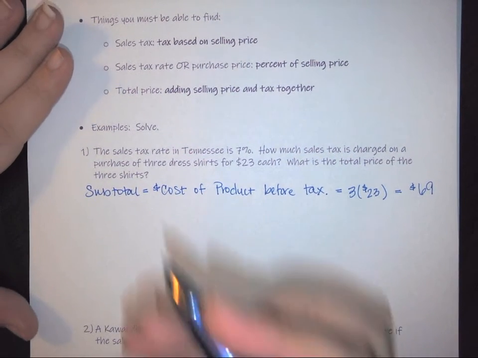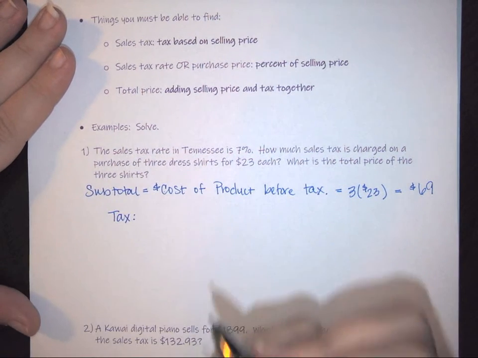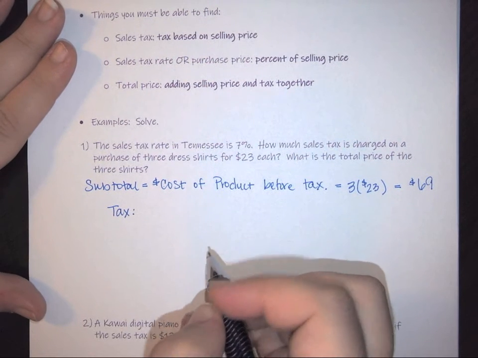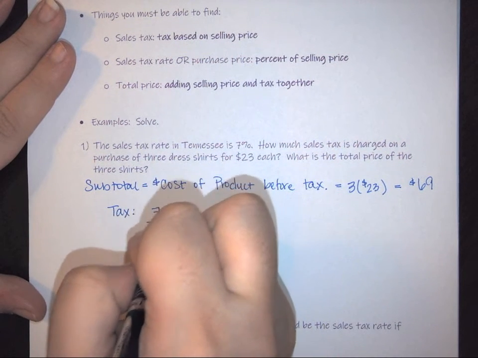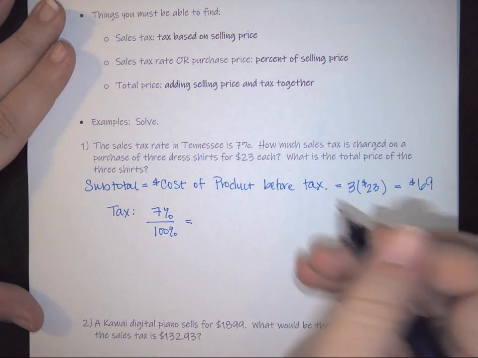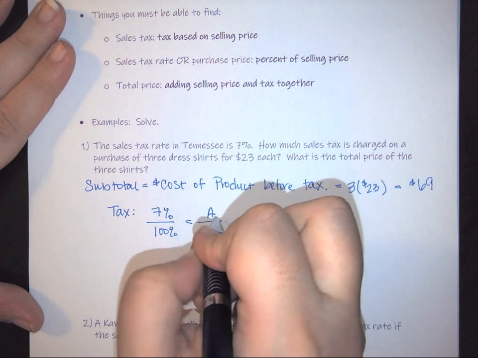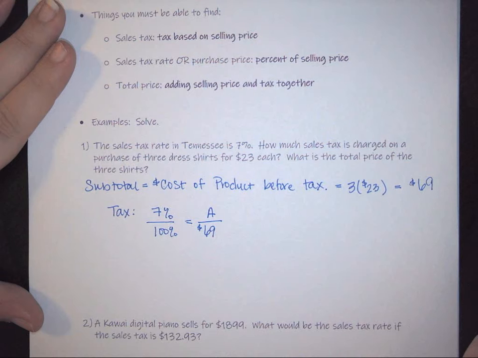Now we have to be able to calculate your tax. So to find tax, I would set up a proportion, and the easiest proportion to set up would say that if I know that I have 7% is to 100%, well, that has to be the same as something is to my $69.